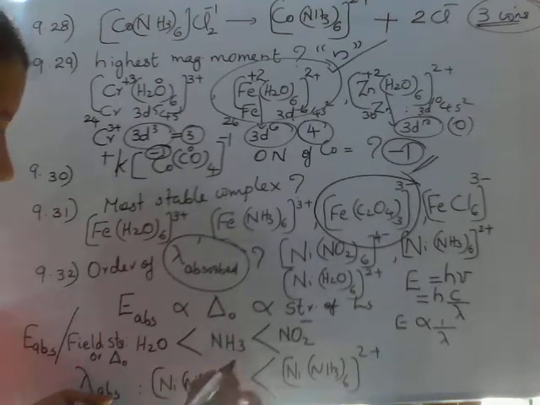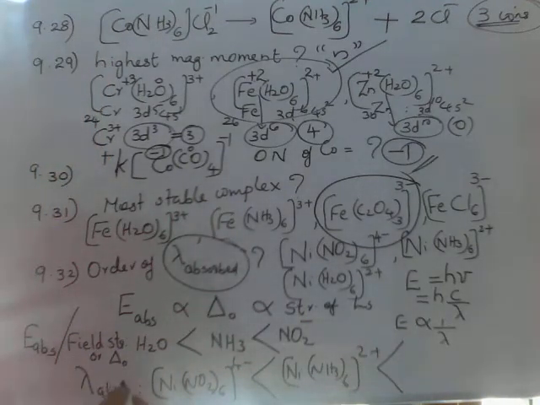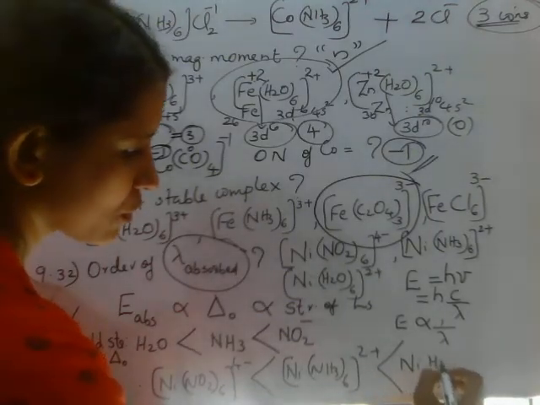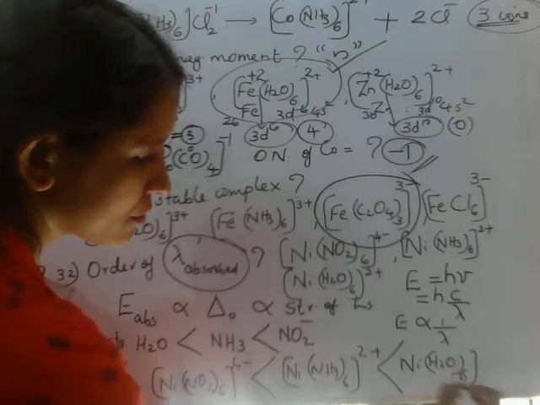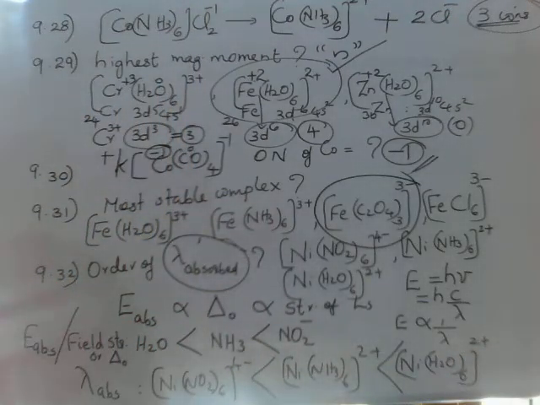And maximum lambda of absorption will be with the weakest ligand, that is nickel water molecule 2 plus. This will be the order of lambda of absorption by the ligands. That is just the opposite order of energy of absorption, opposite order of delta O, or opposite order of field strength of ligands.